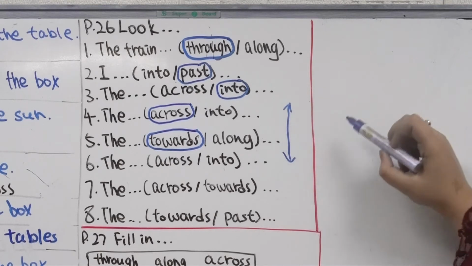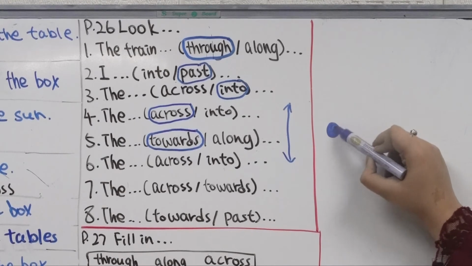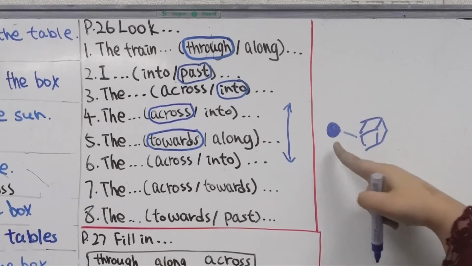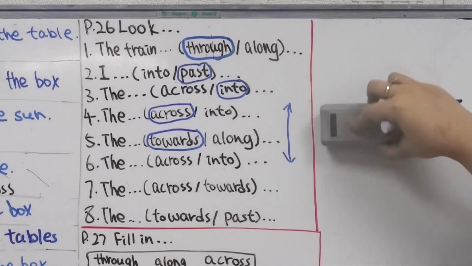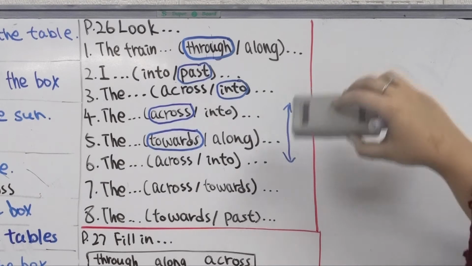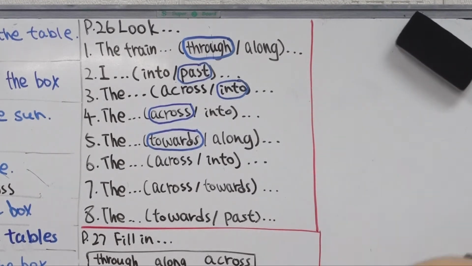Towards is one direction. For example, the ball in the box here. It's going towards. So basically the bees are flying towards their hive. Hive means their home, in simple words.